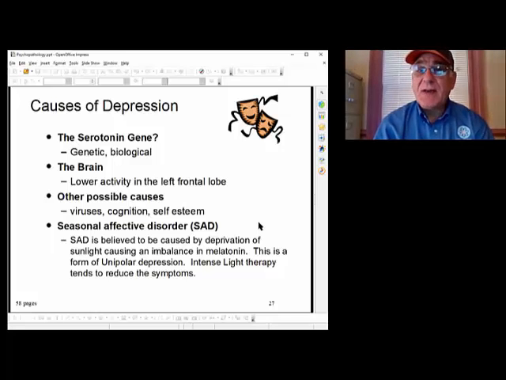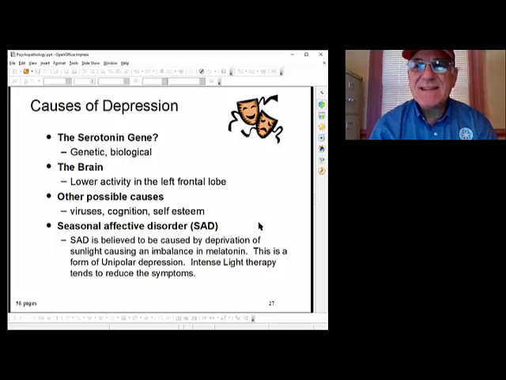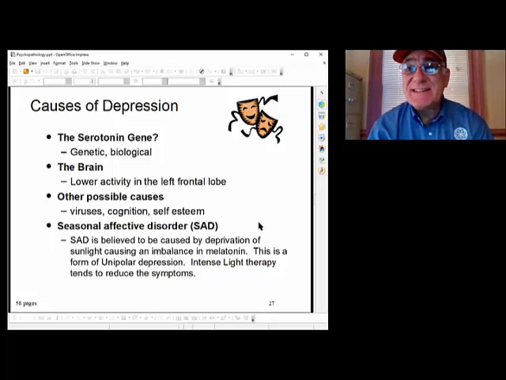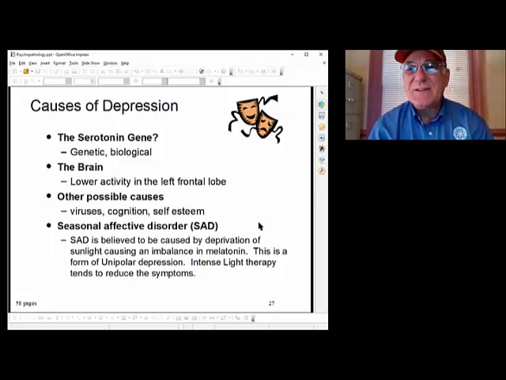So that's other possible causes. But the last one is called SAD, seasonal affective disorder. Remember, affective means emotion. So seasonal emotion disorder could have been SAD instead of seasonal affective disorder.